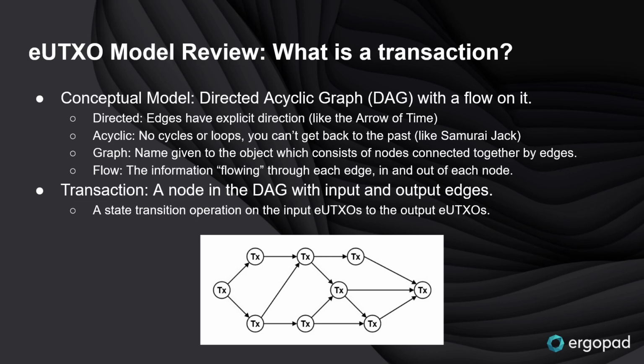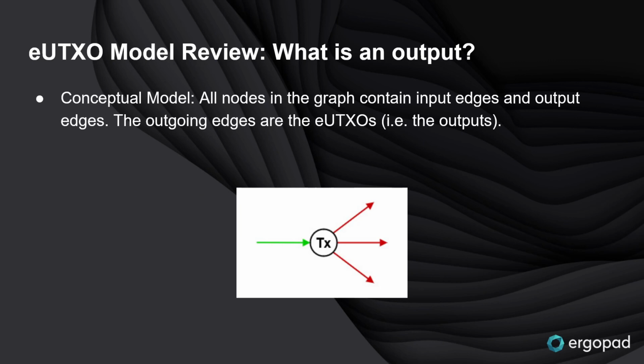You can think of the transaction as some state transition operation that takes the input edges and then brings them to another state called the output edges. So what is an output? Just like in that conceptual model of the graph, the output is just the output edges of the transaction. So in the context of eUTXO, the output part just means that it's an output of a transaction.